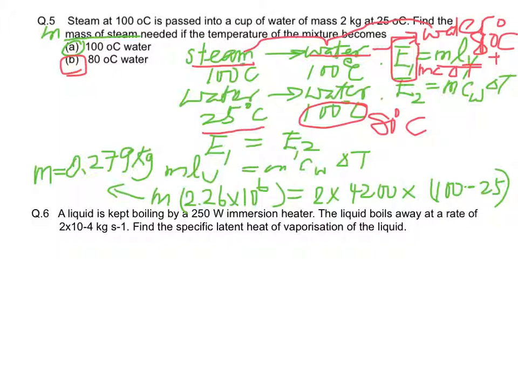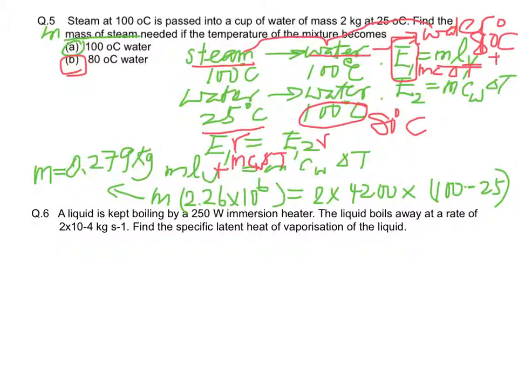In this equation, the energy released by the steam is still equal to the energy absorbed by the water. However, we need to add mCw delta T into the left hand side.